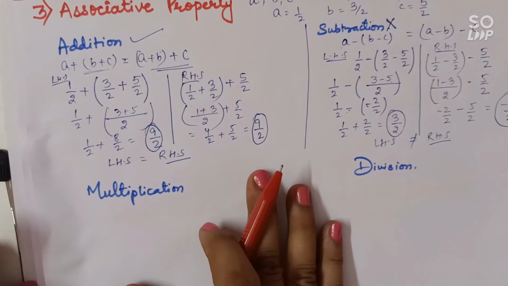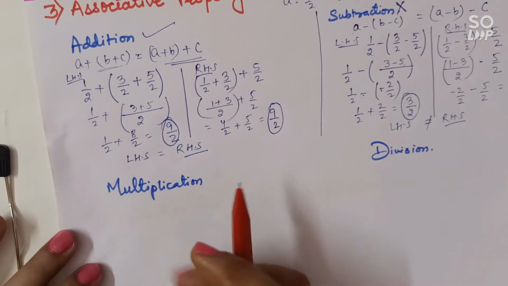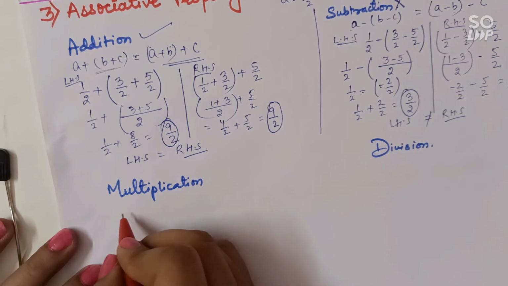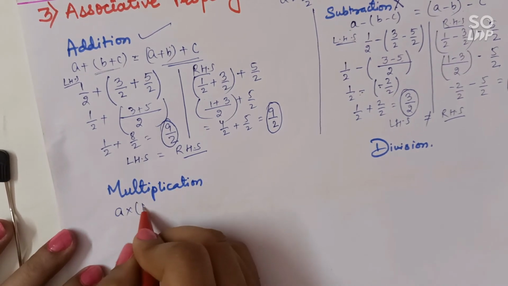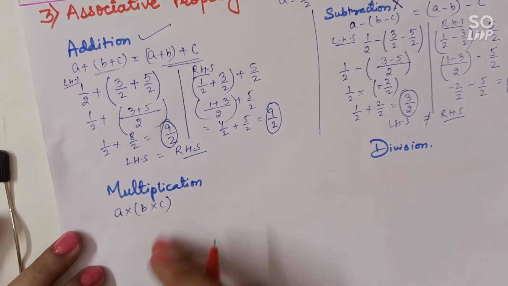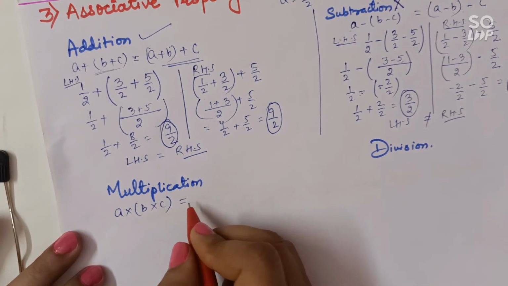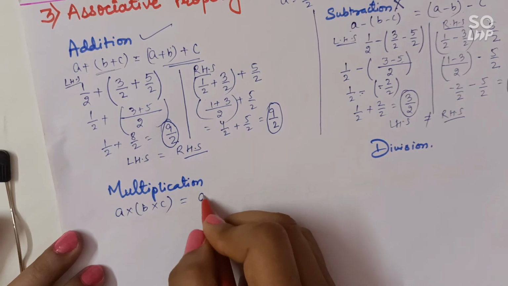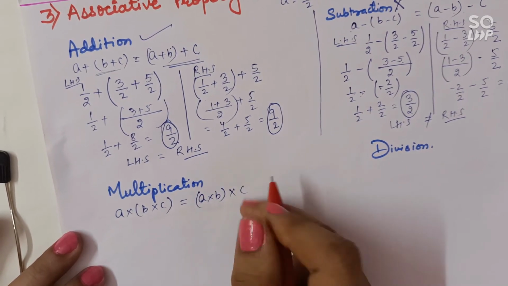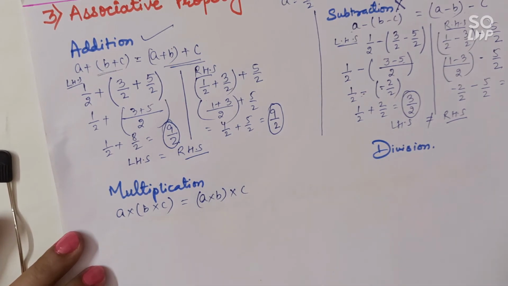Let's check for multiplication as well. So in multiplication we'll see A into B into C. A multiplied by, in bracket, B multiplied by C should be equal to A multiplied by B multiplied by C. Basically we are changing the groups over here, the groups of rational numbers.